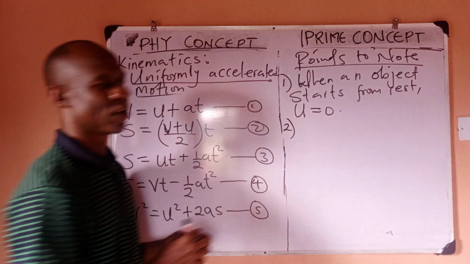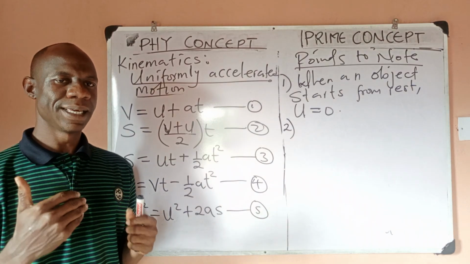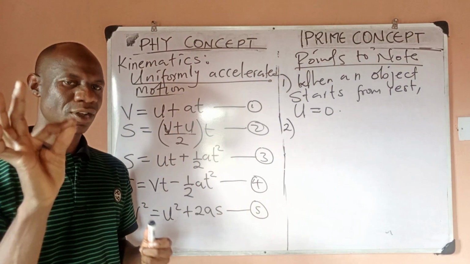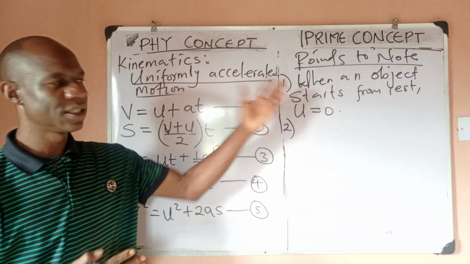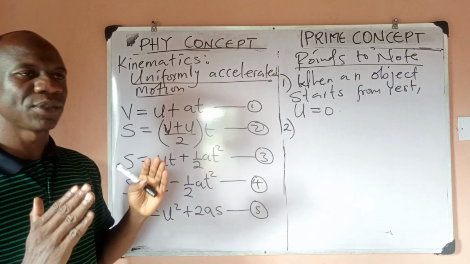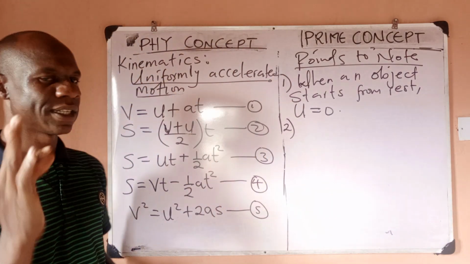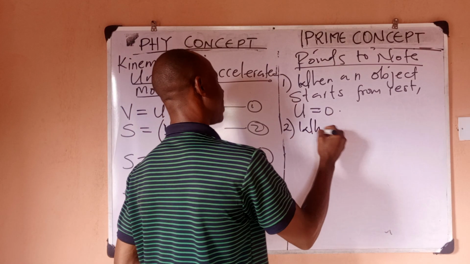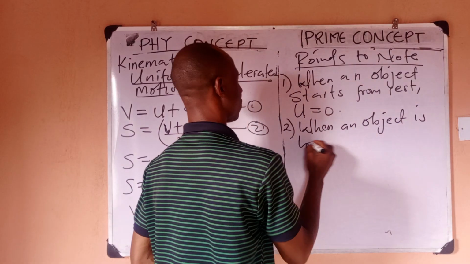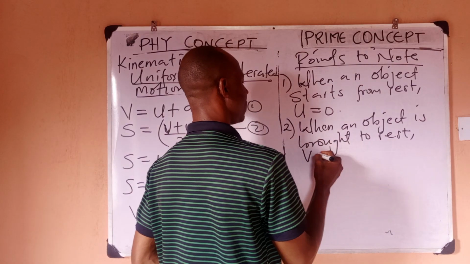Now, number 2 point I want you to note is when a question mentions that a car or an object that is moving is brought to rest. An object is brought to rest. Note the difference. The first one means starts from rest, but the second point means an object is brought to rest. It would mean that the final velocity is what? Zero. So when an object is brought to rest, v is what?